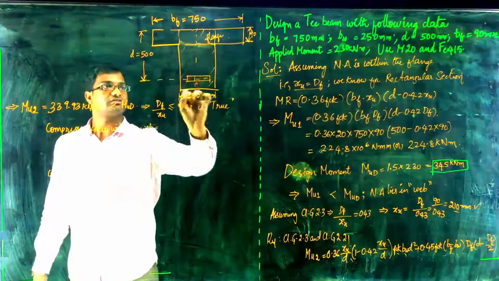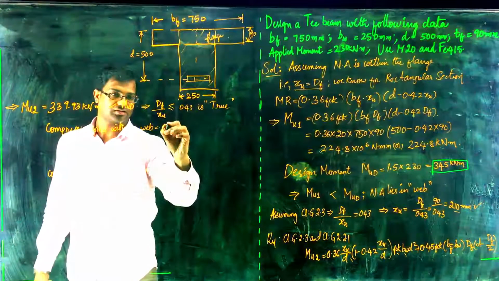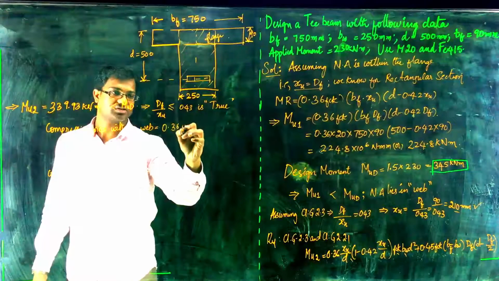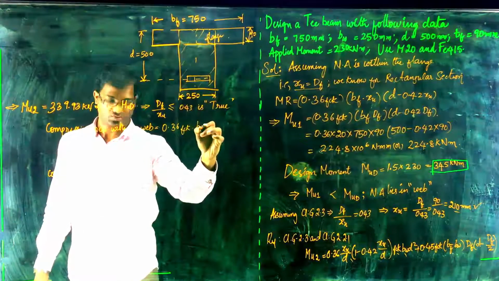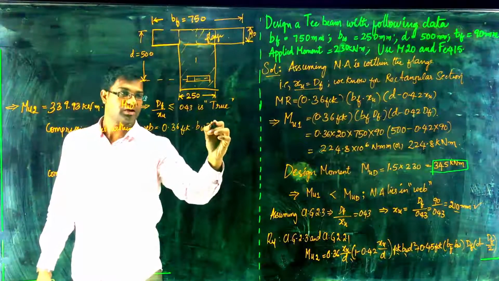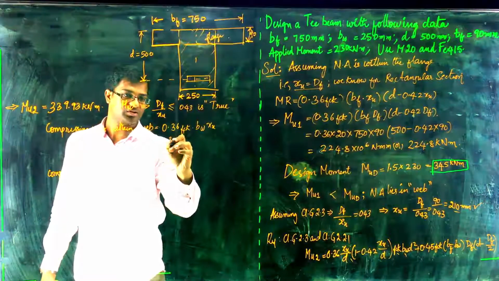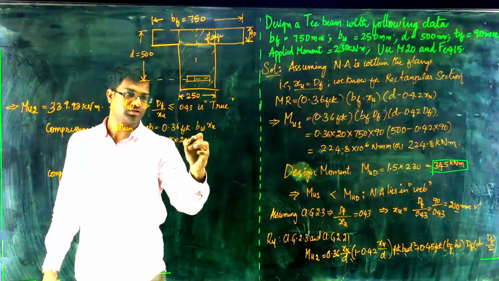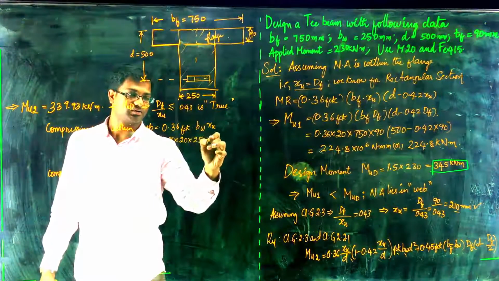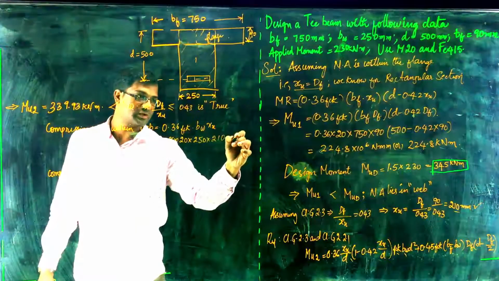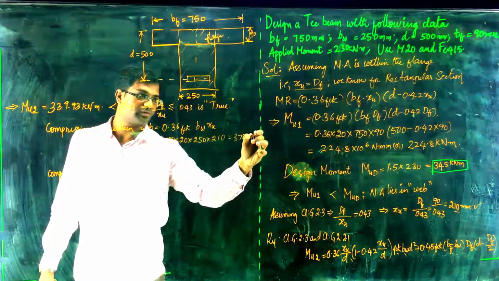So if this is the web, then the equation for this is 0.36 fck into bw into Xu, and for the given values this is 0.36 into 20 into bw is 250 into Xu is 210, then you will get this value as 378 into 10 power 3 newtons.